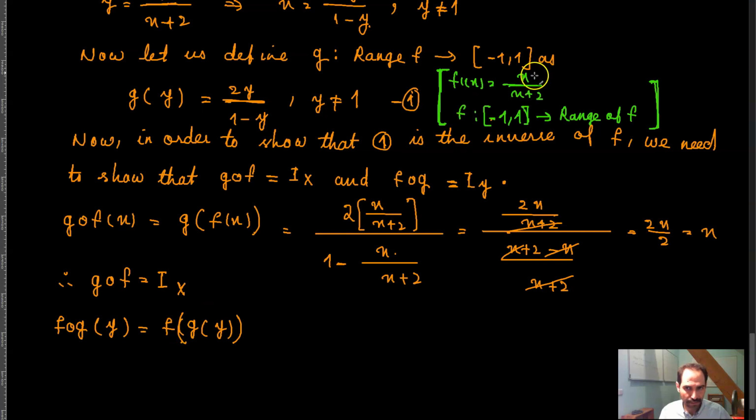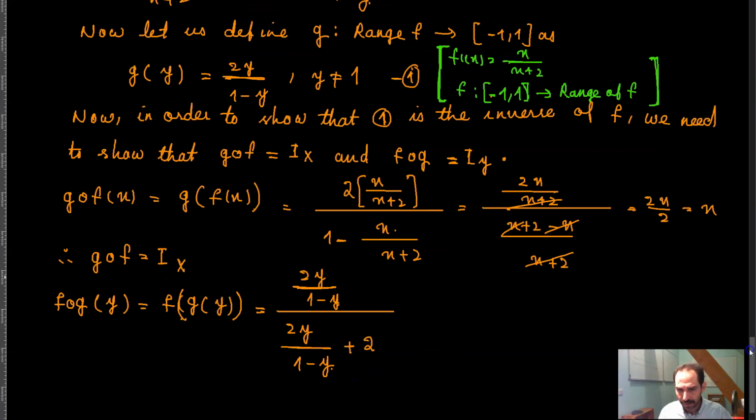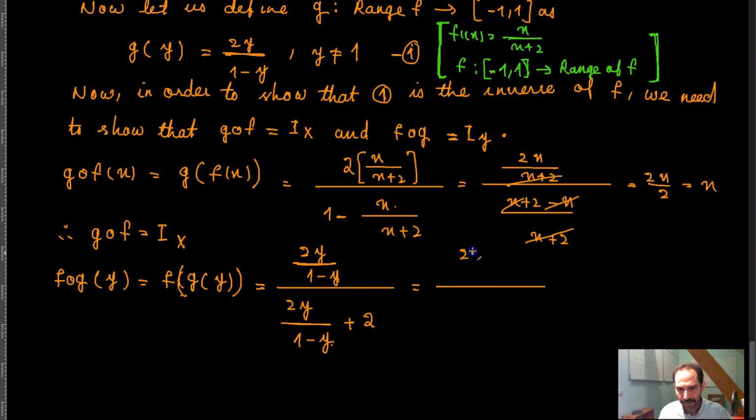So in f, wherever you see a variable, you have to put the function g of y, which means that you have 2y over 1 minus y, and then again 2y over 1 minus y plus 2, which gives you 2y over 1 minus y over 2y, or 1 minus y, 2y plus 2 minus 2y, and these two will be cancelled out.